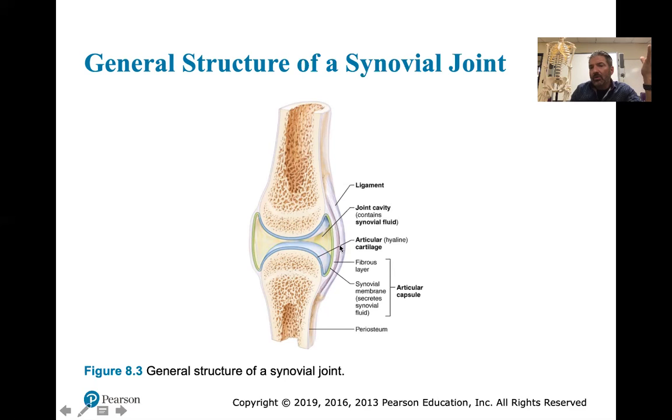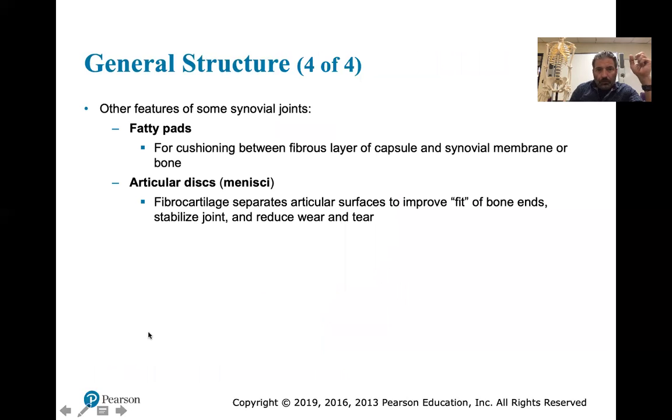And then if this was an actual limb without this sagittal cut here, you'd have leg muscles: vastus lateralis, vastus medialis, rectus femoris, and biceps. You're going to have all those muscles around the leg holding that joint together too. Other features of synovial joints: a fatty pad for cushioning between the fibrous layer of the capsule and the synovial membrane or bone.